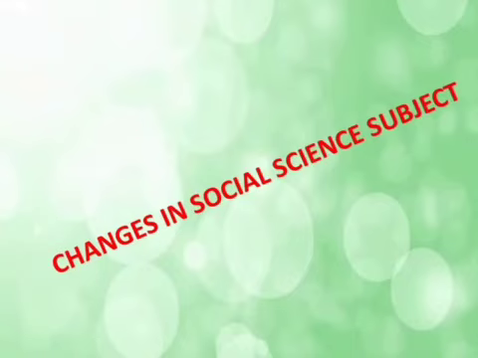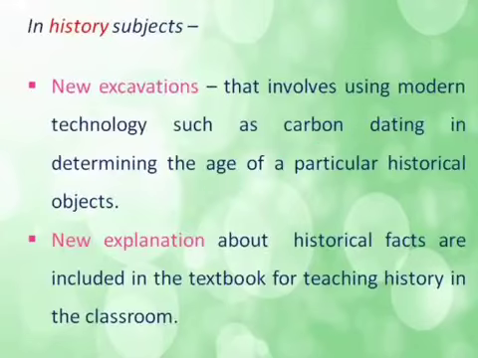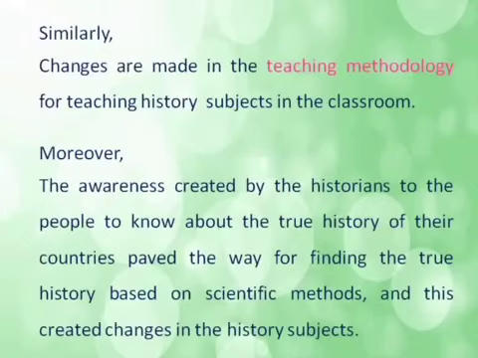Social science subject means what are the things included? History, geography, civics and economics. So history, it involves the new innovations and technology that has been brought in history subject. So these are the things: new excavation, new explanation and all. Then in teaching methodology of history also some changes have been brought. Here some research process.